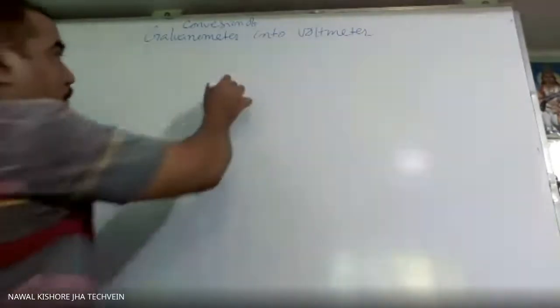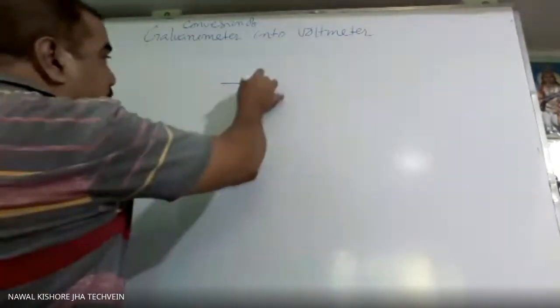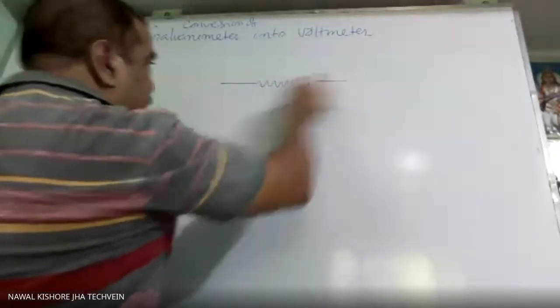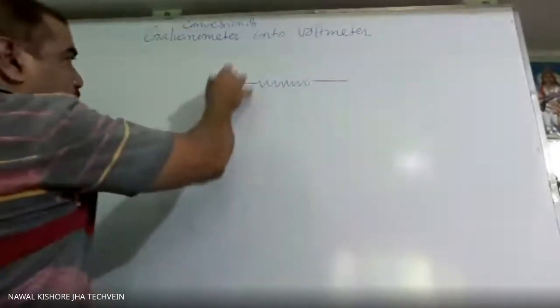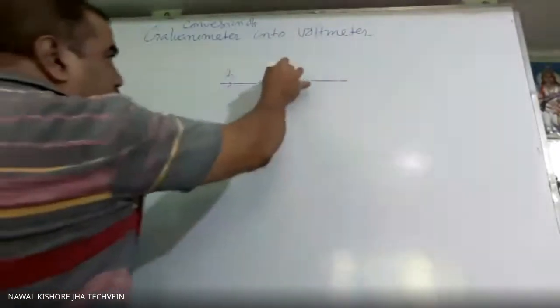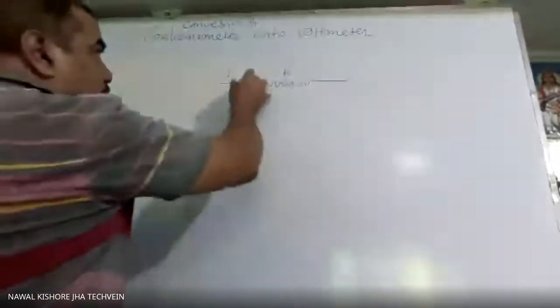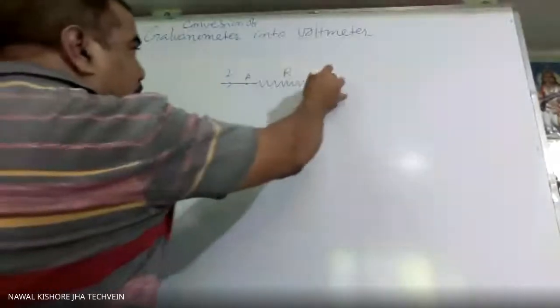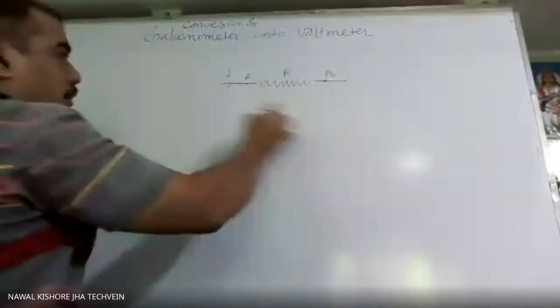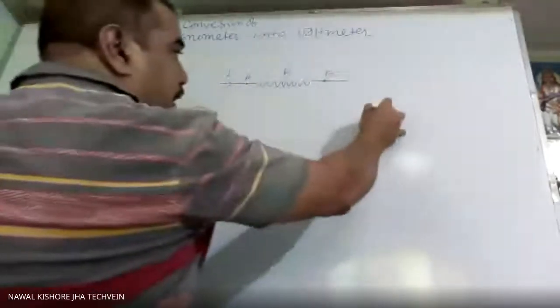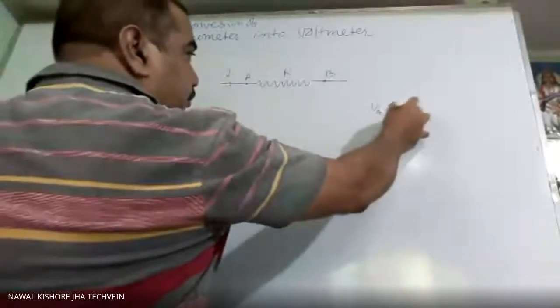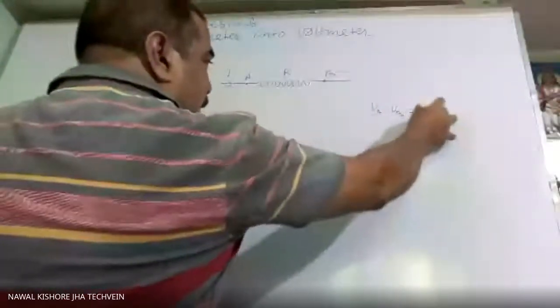Now, as we know, this voltmeter is always connected in parallel. Suppose this is I, this is resistance R. So the potential difference between A and B is IR.